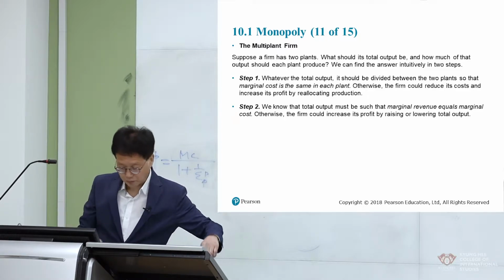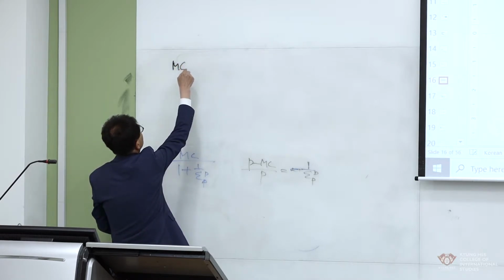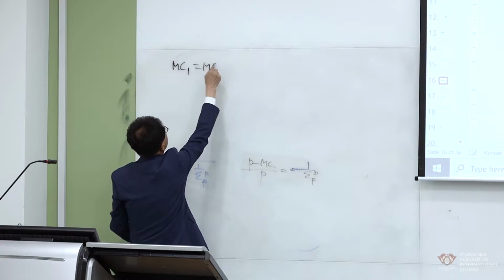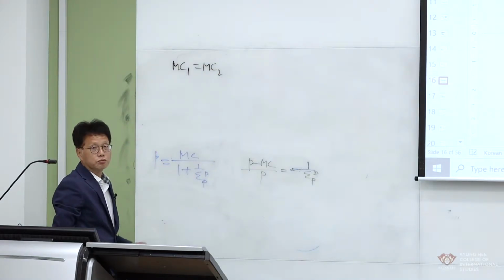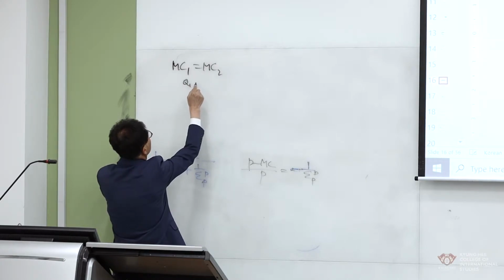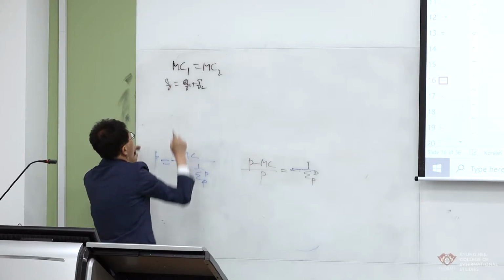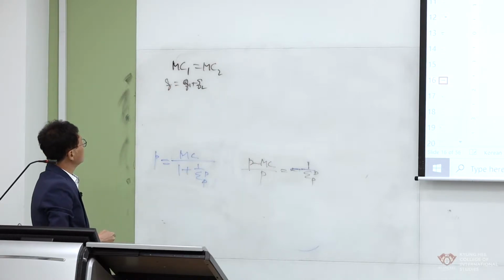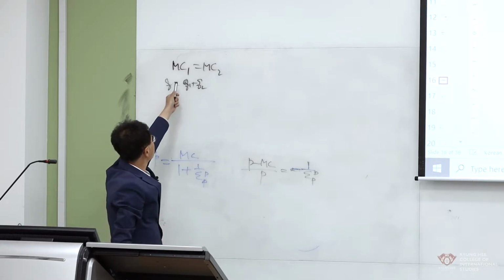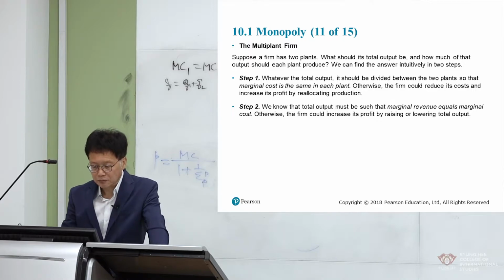So step one says marginal cost in plant 1 should equal marginal cost in plant 2 to produce total output of Q1 and Q2. So total production is Q1 plus Q2. Anyway, for any total output, this condition should be satisfied. That is step number one.